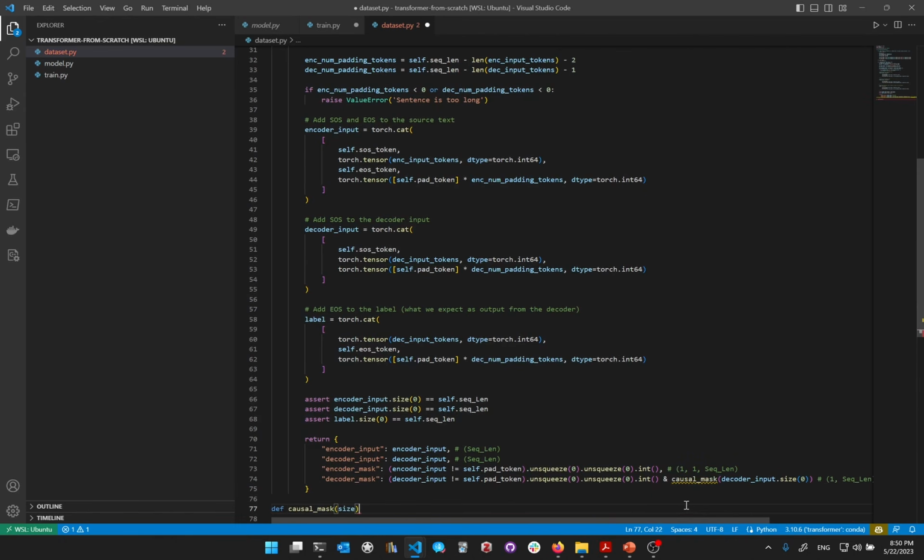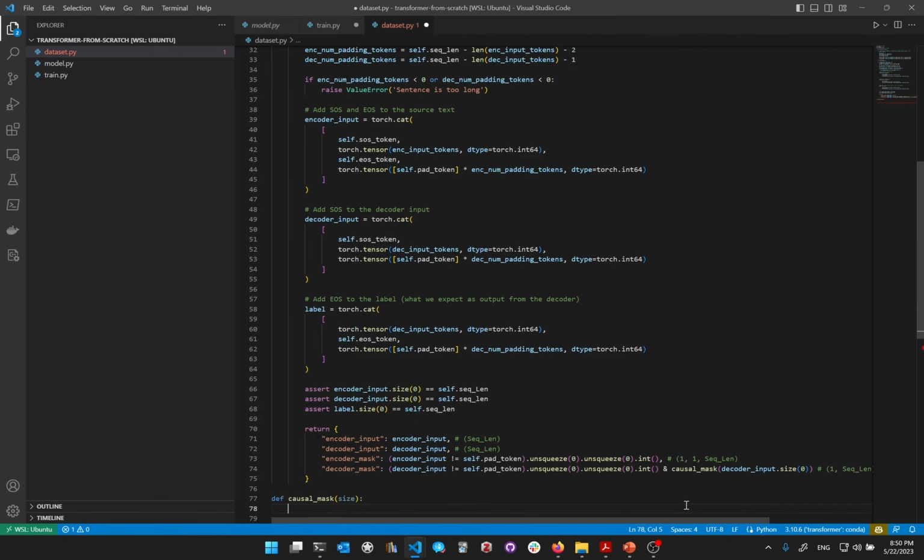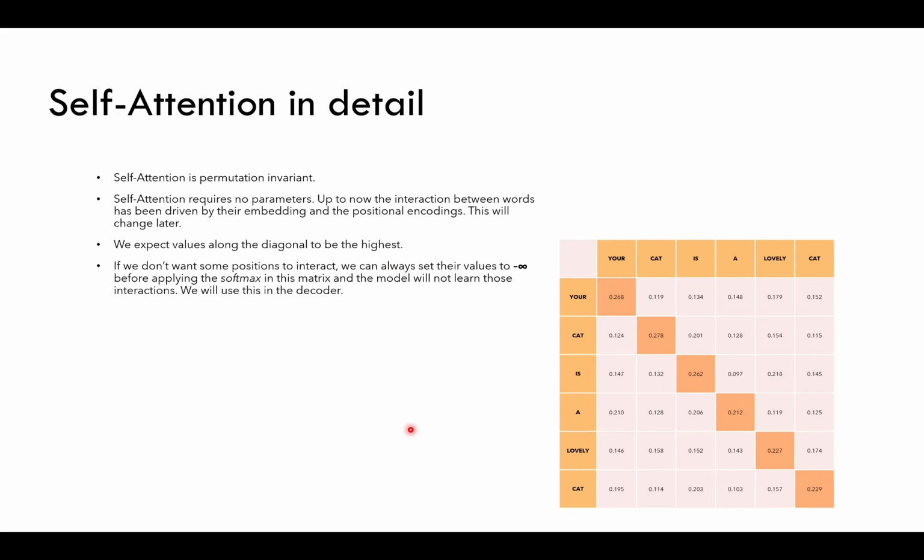Causal mask basically means that we want, let's go back to the slides actually. As you remember from the slides, we want each word in the decoder to only watch words that come before it. So what we want is to make all these values above this diagonal hidden. This matrix represents the multiplication of the queries by the keys in the self-attention mechanism. What we want is to hide all these values. So the word "Your" cannot watch the word "cat" in "Your cat is a lovely cat".